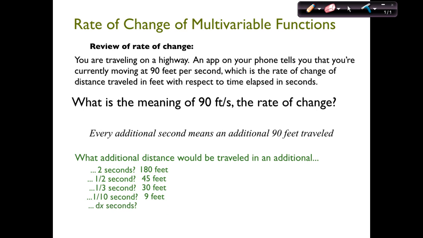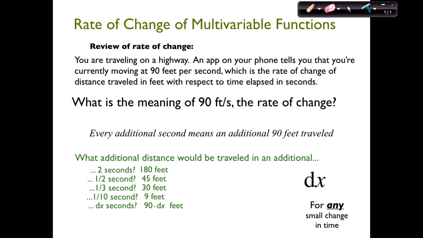How far would you go in any variation of seconds? 90 dx, right? So it doesn't just tell you how far you go in a second. It tells you how far you go in any variation of seconds. So you go 90 times dx feet. That's the broad whole meaning of this rate of change.